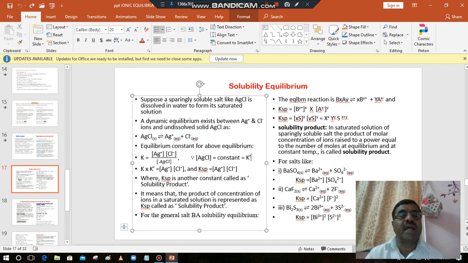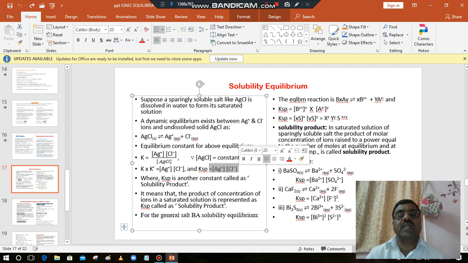Now K into K dash is equal to concentration of Ag+ into concentration of Cl-, and Ksp, another constant, is equal to the concentration of Ag+ into the concentration of Cl-, where Ksp is another constant called the solubility product.